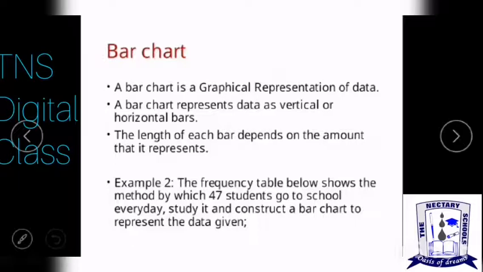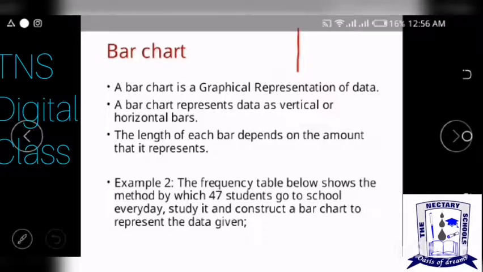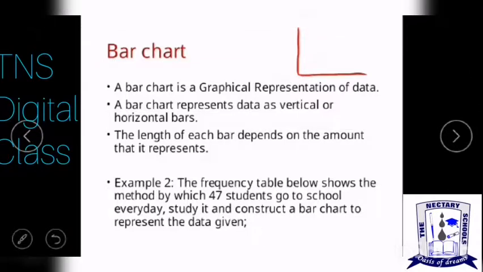In some other ways, a graph could be like this. This is the vertical and this is the horizontal line. Very good. So a bar chart is a graphical representation of data. If you don't want to represent data on a frequency table, you can represent it on a bar chart.